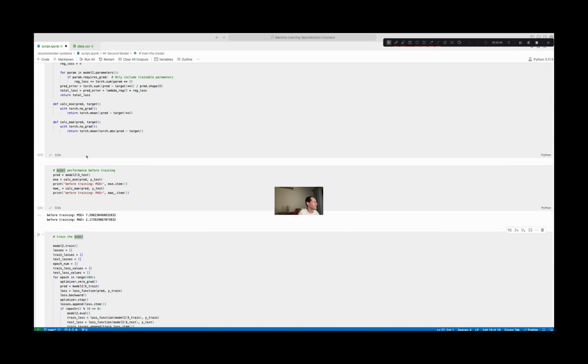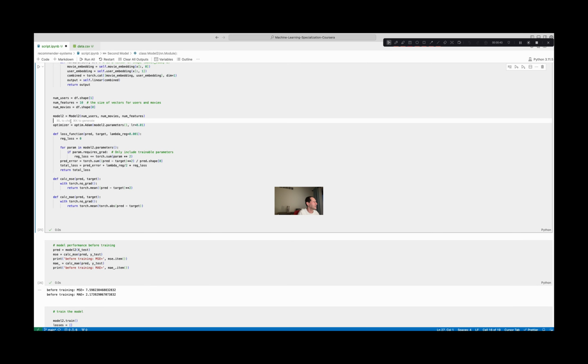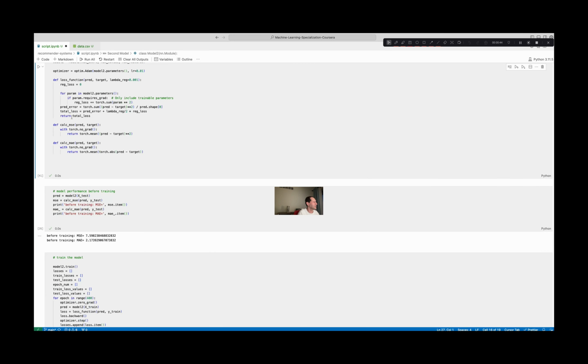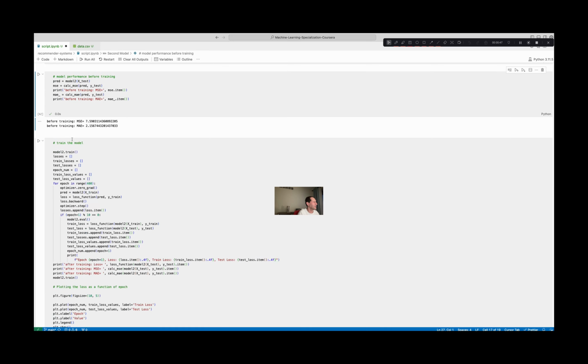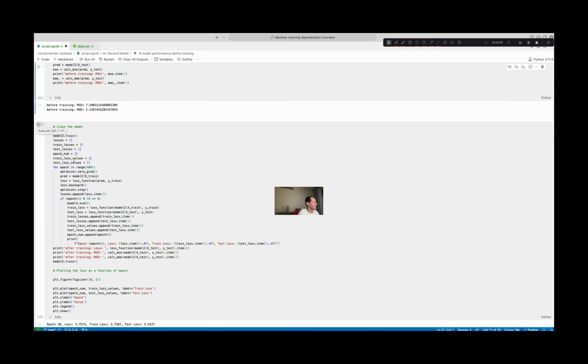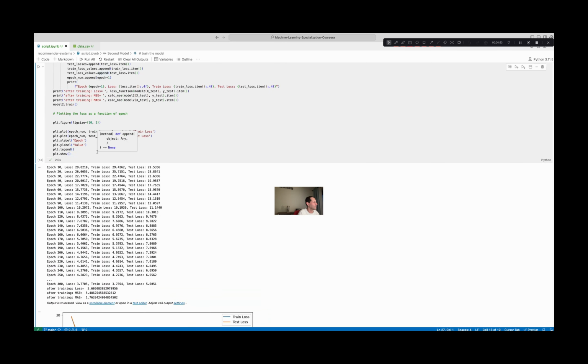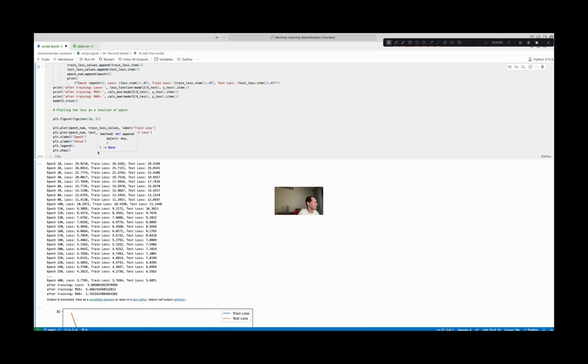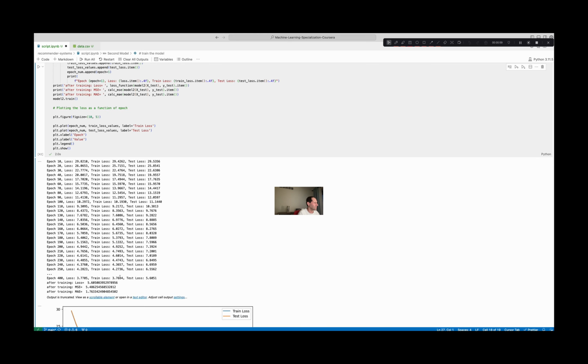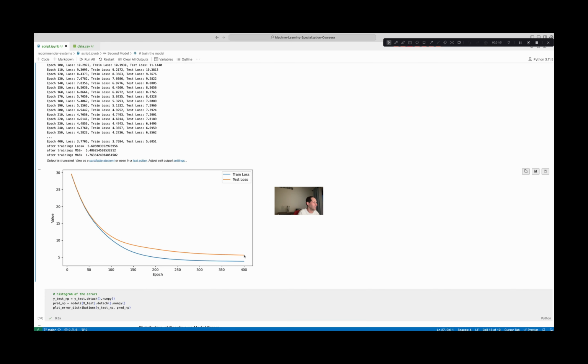Actually, let's run it from scratch. Initialize the model. I'm gonna run it for 400. All right, that's it. And this is the loss on train and test.